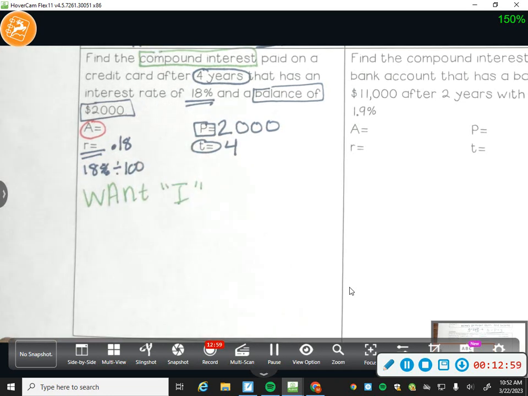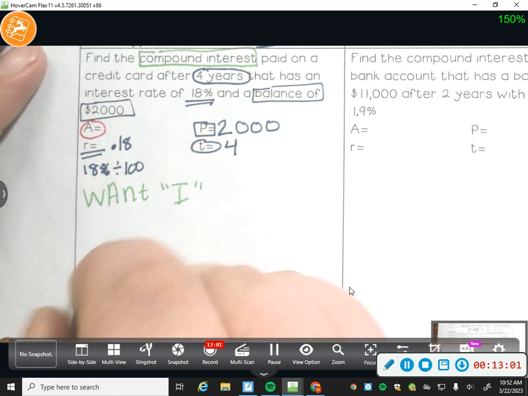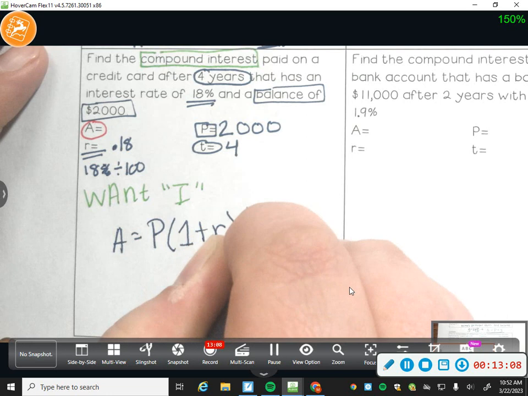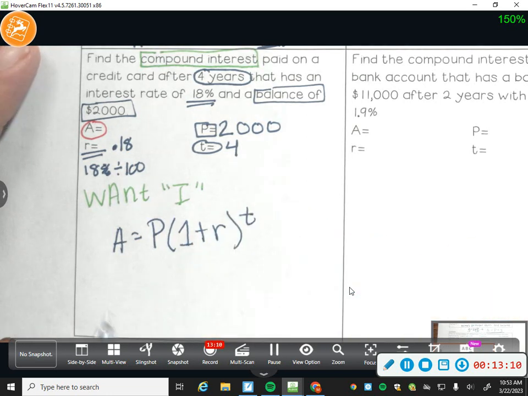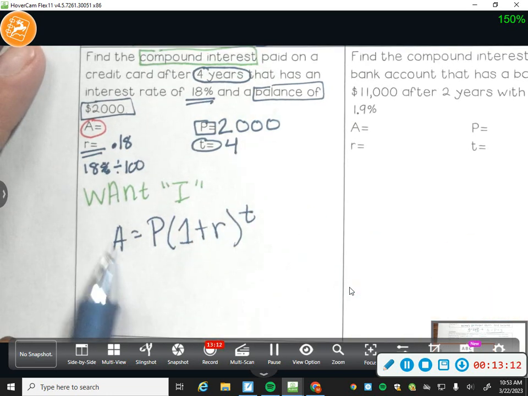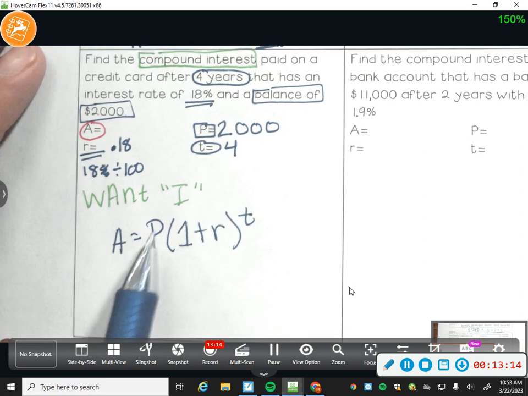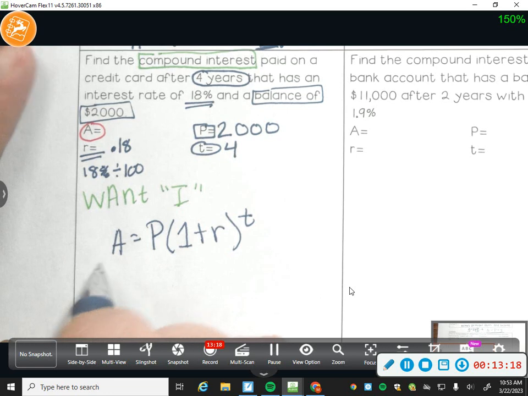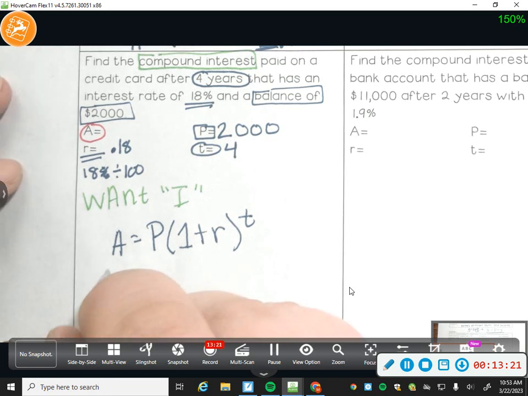Since it's compound interest, we have to use the formula A equals P times 1 plus R to the T power. Even though I want I, I have to use the formula that says A because this was compound interest. Well, I don't know what A is, so I'm going to keep A as a variable.